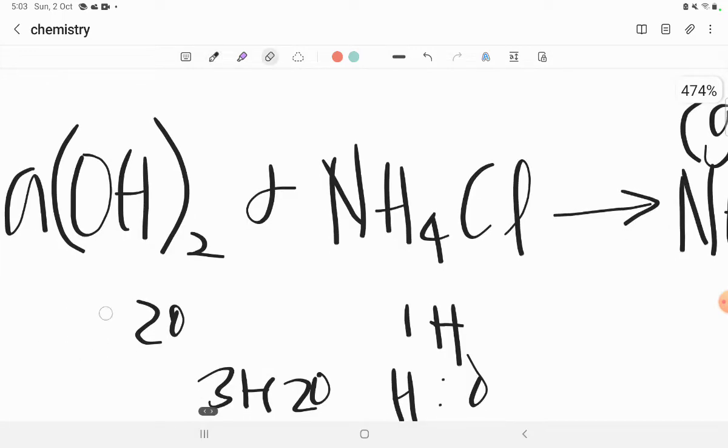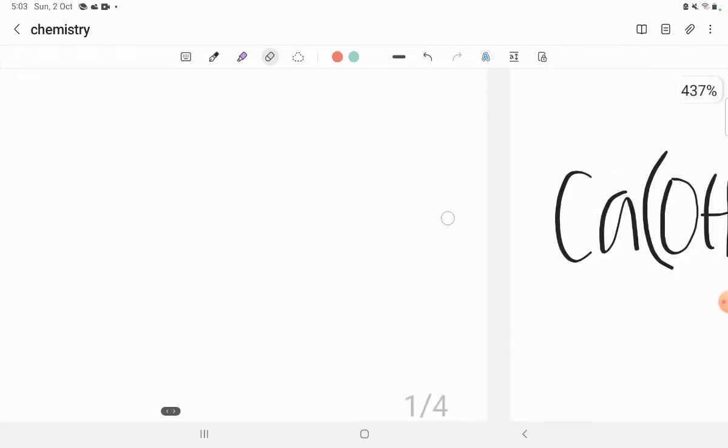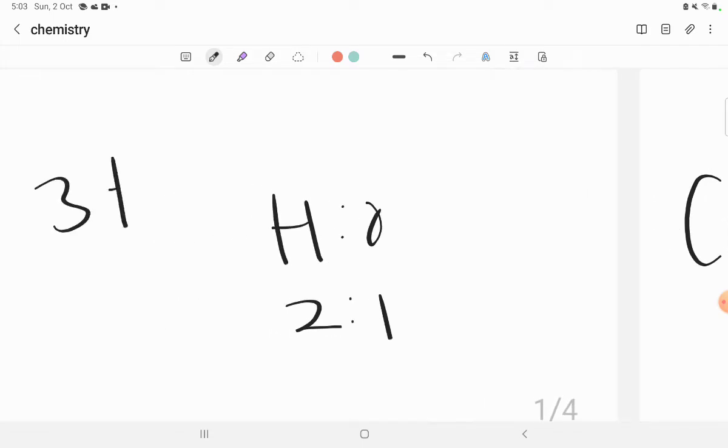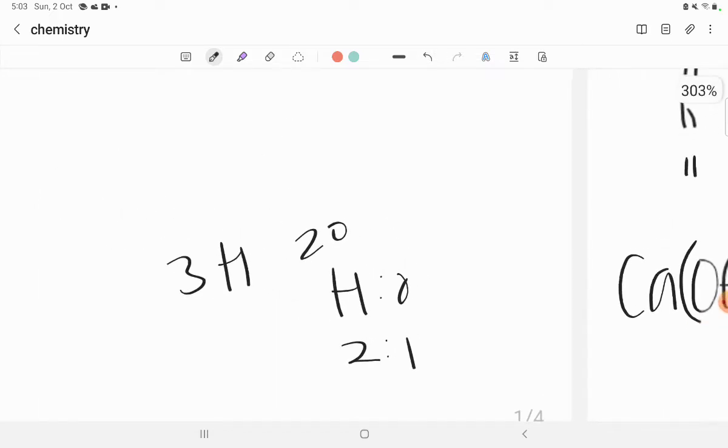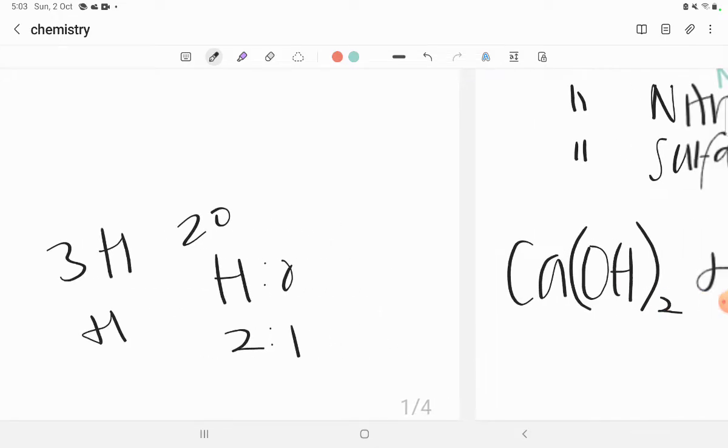Okay, I'll just use the other side. We already have 3 hydrogen and 2 oxygen, so that means we need one more hydrogen, right?